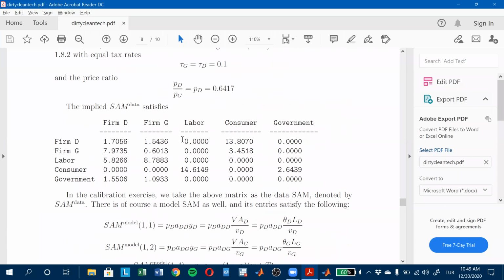So it must give you PD times YD, because this is output by firm D, used by firm D. This is output by firm D, used by firm G. Of course, these are multiplied by prices. And this is the total payment of the consumer to firm D, okay? So this summation gives you PDYD, and this sum gives you PGYG. These are total market values.